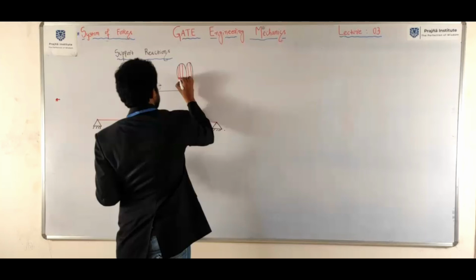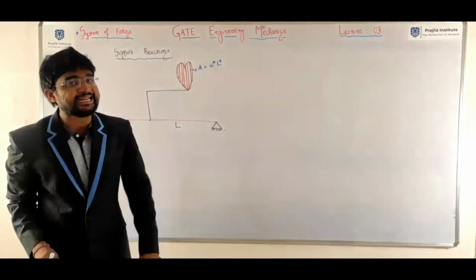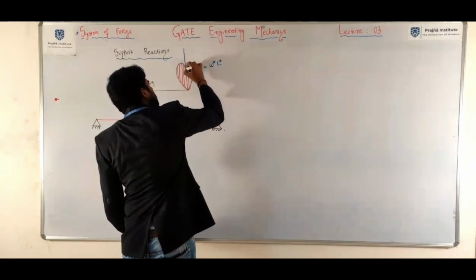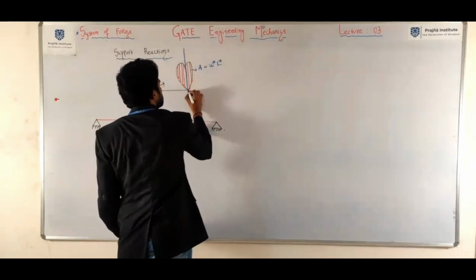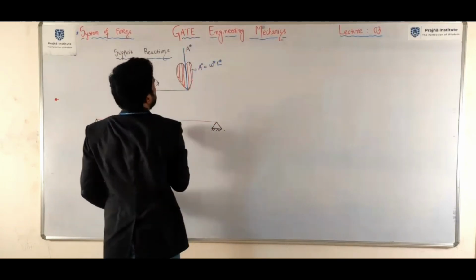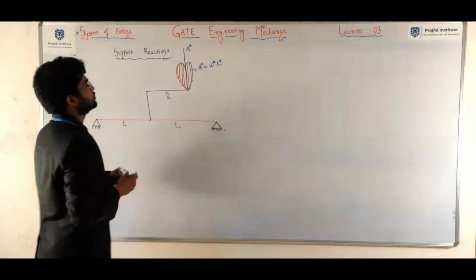Okay. So first calculate the area of total loading condition. Then keep it at the centroid. You need to keep at the centroid. That is A star. So from here to here it is L by 2.